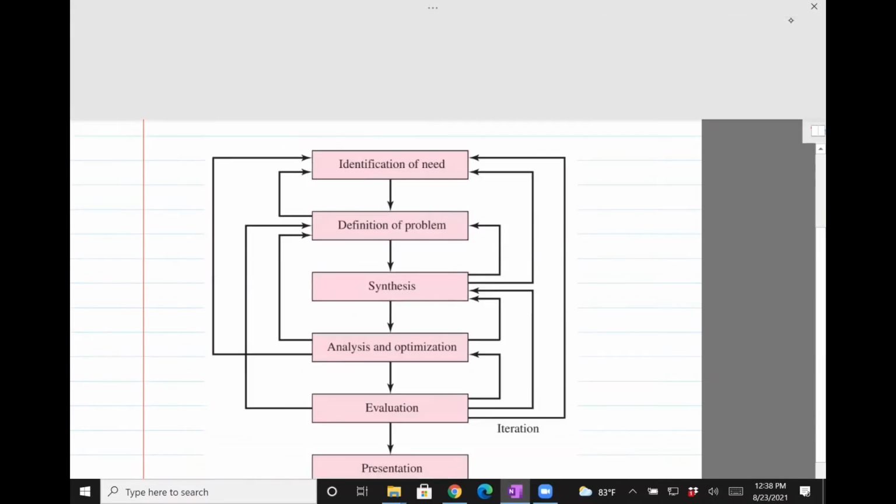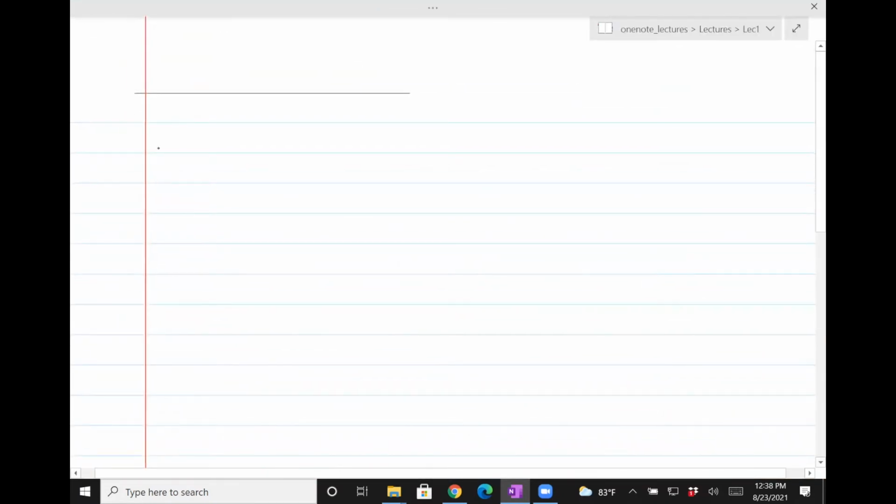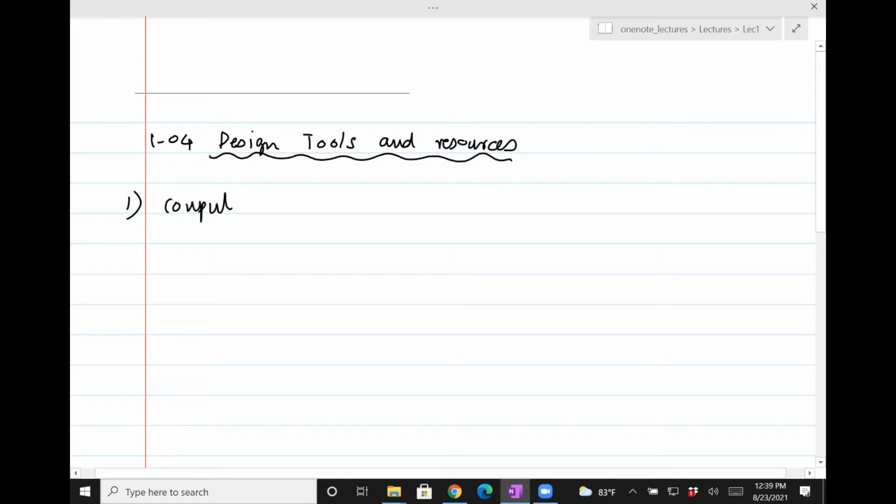Okay, so let's talk a little bit about the design tools. And some of these tools you've learned, and some of these tools you'll hopefully learn in courses here. Okay. So computer-aided design.